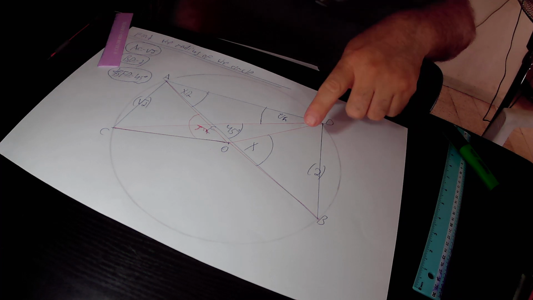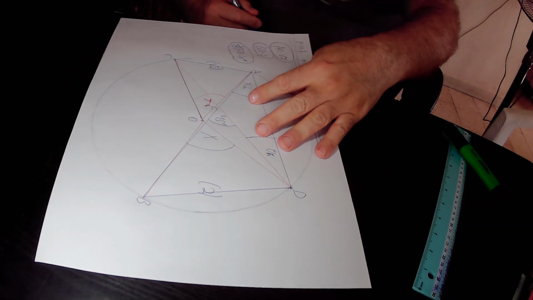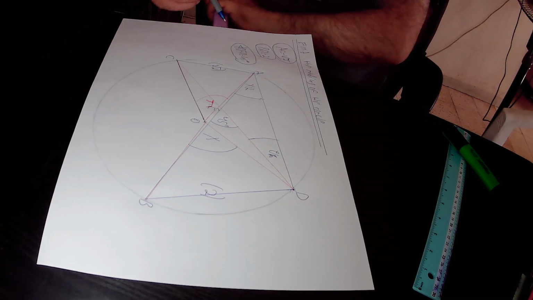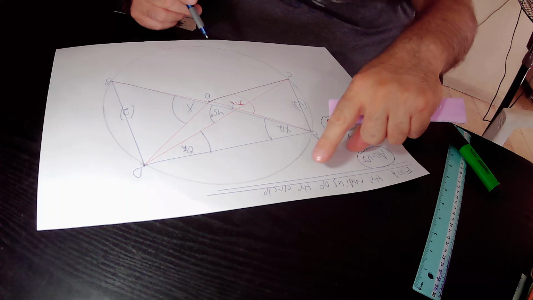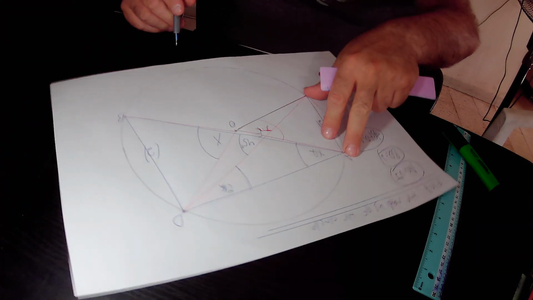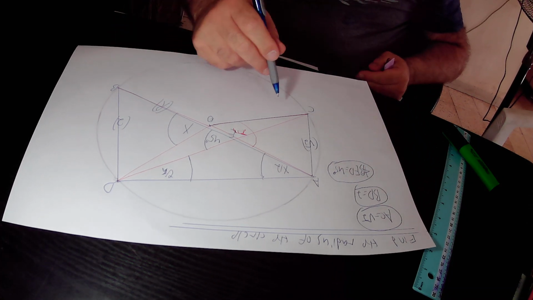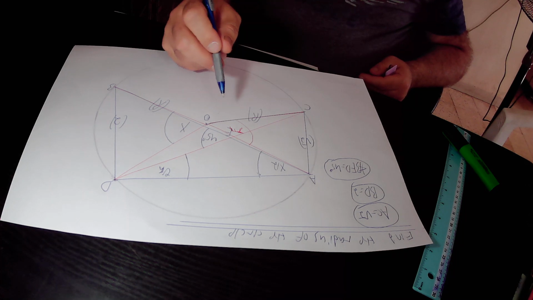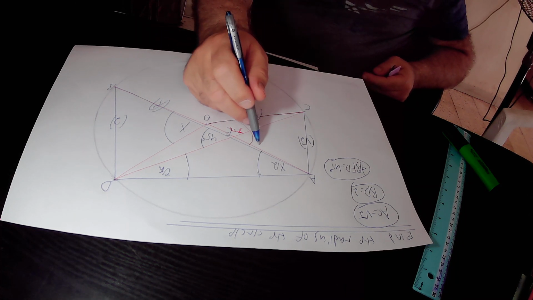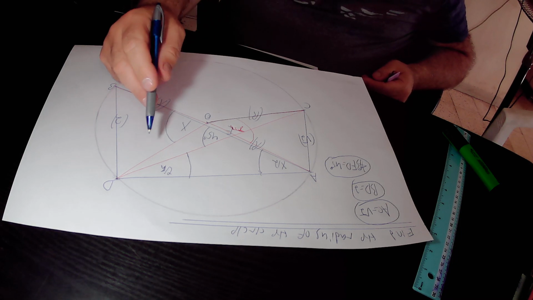We define the radius of this circle as R, therefore OB equals R. Likewise, OC also equals R, OA also equals R, and finally, OD also equals R.